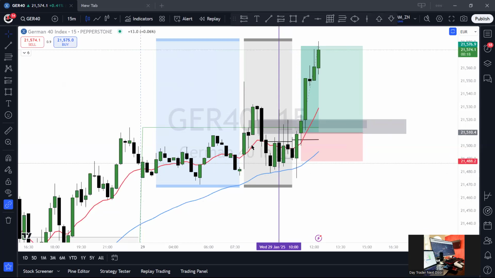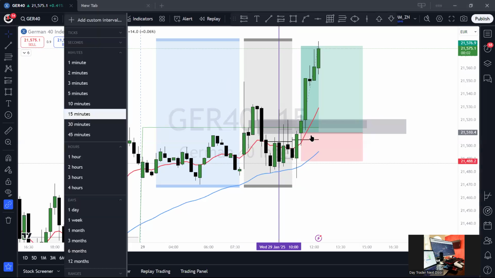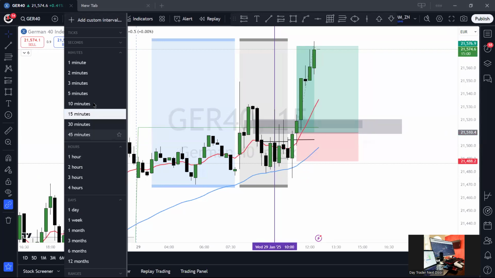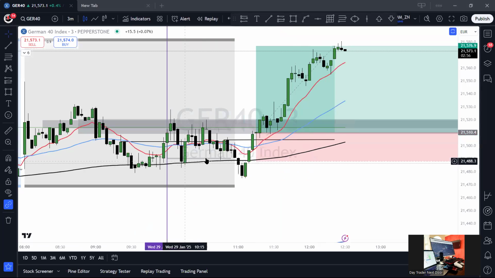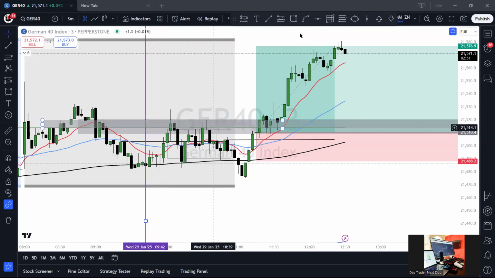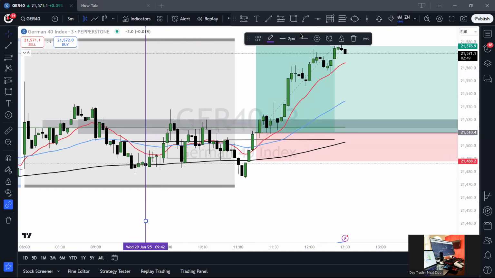Then we got this stop. This week right here took out some equal lows on the 3 minute time frame, which is my time frame of entry. Just to show you those weeks before we come back to the M15, these were the equal lows I had, and my London open candle was this one right here.